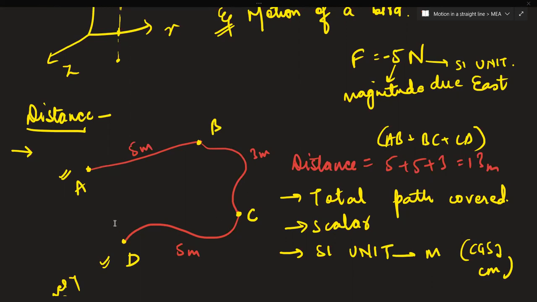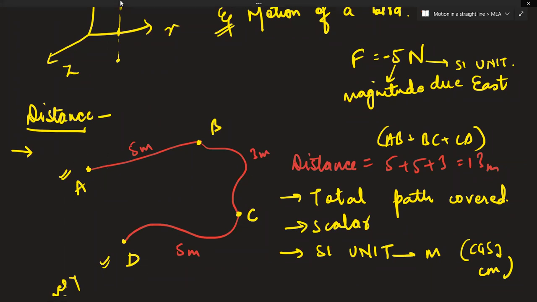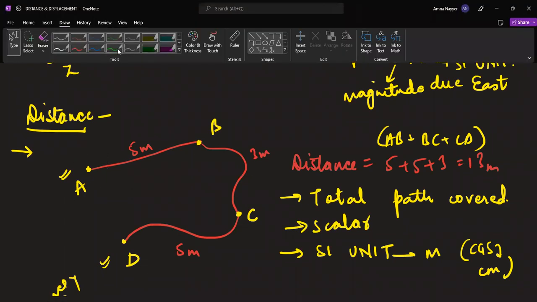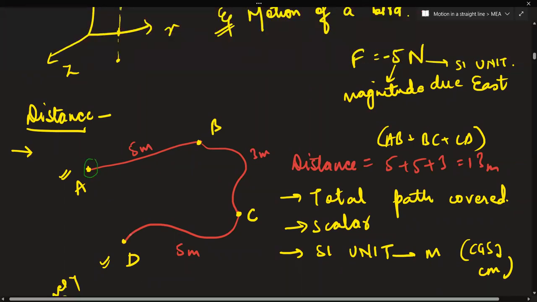Now the term displacement, it's a vector quantity. Displacement simply means the shortest path possible between the initial and final position. If you look at this particular point, A is the initial point, and this D point is the final point.